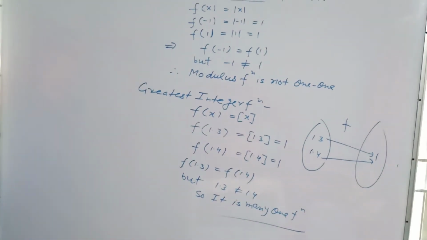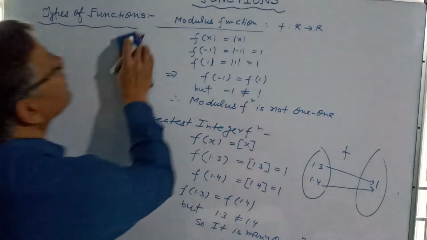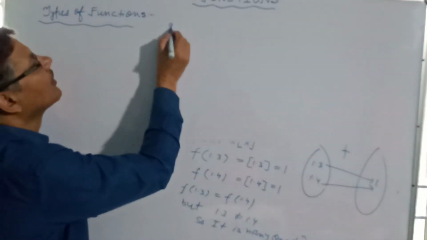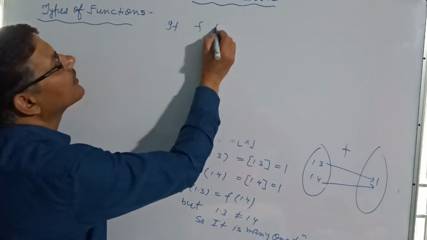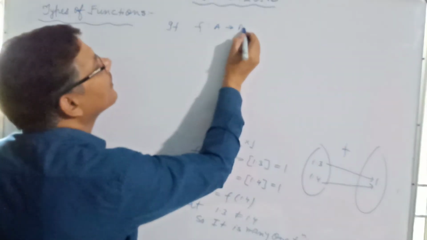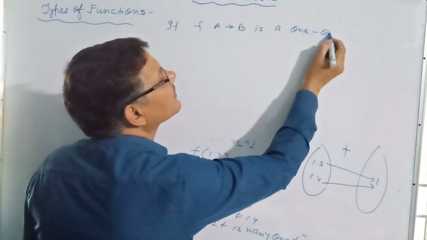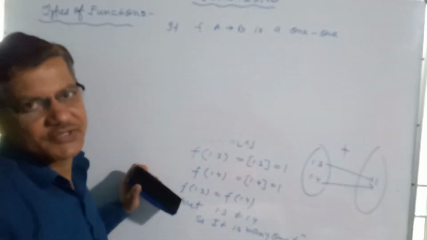Now some formulas are there. If f from A to B is a 1-1 function, then there are some restrictions.